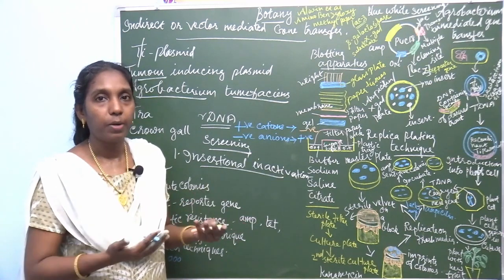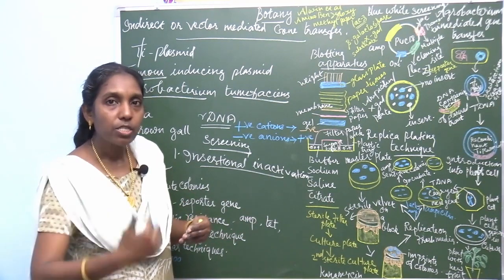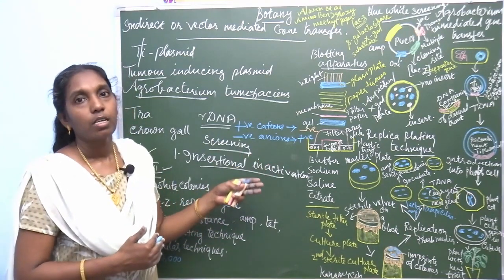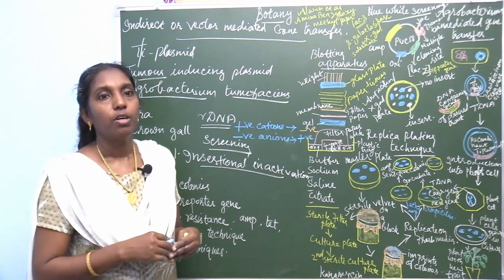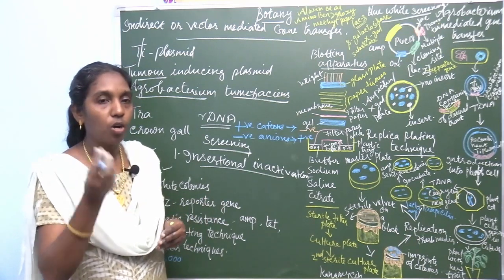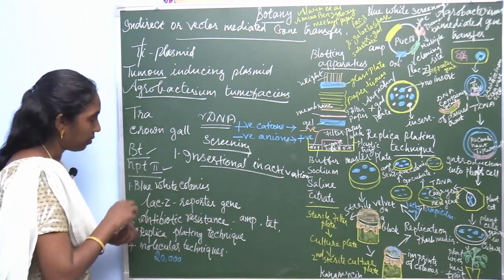When you apply this electric field, bands of DNA strands can be detected. A dye is used for this. To detect smaller DNA molecules, polyacrylamide is used.